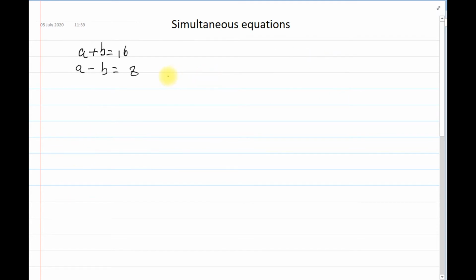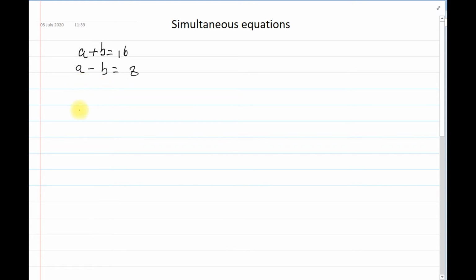Okay, let's look at the same equations that we solved. I gave you the answer. A plus b is equal to 16. A minus b is equal to 8. How do we go about solving this set of simultaneous equations? There are two standard methods that we can use.